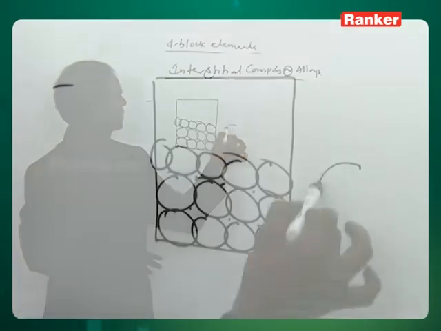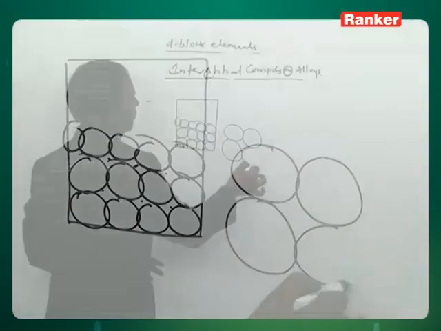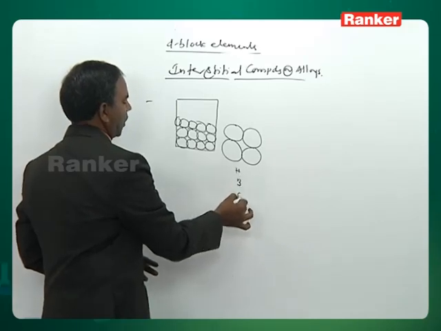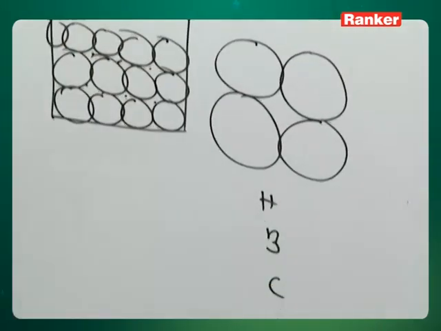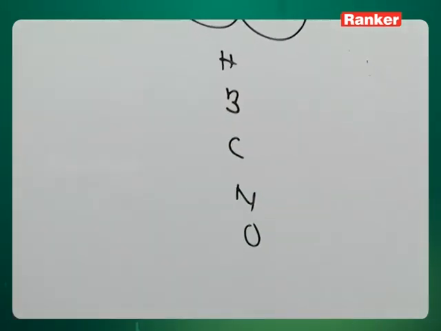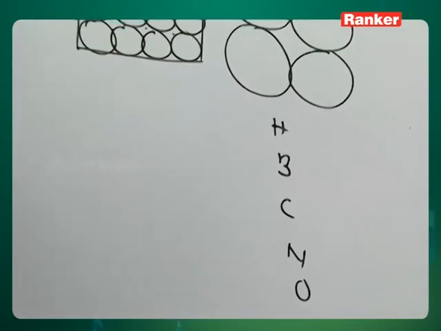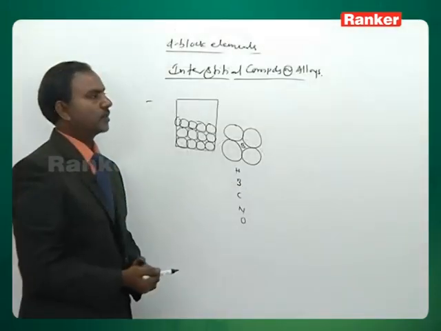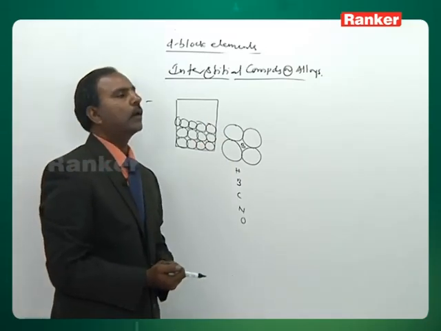These interatomic spaces are occupied by smaller atoms like hydrogen, boron, carbon, nitrogen, oxygen, producing a special type of compound known as interstitial compounds or alloys.